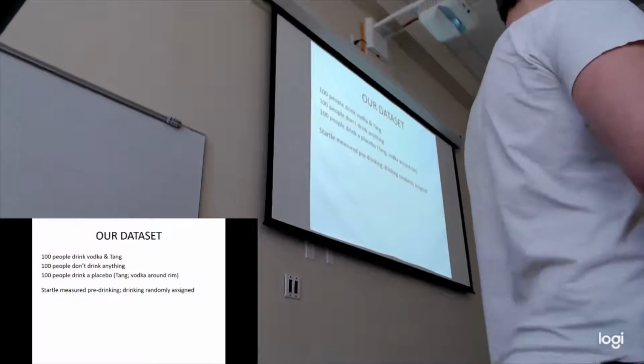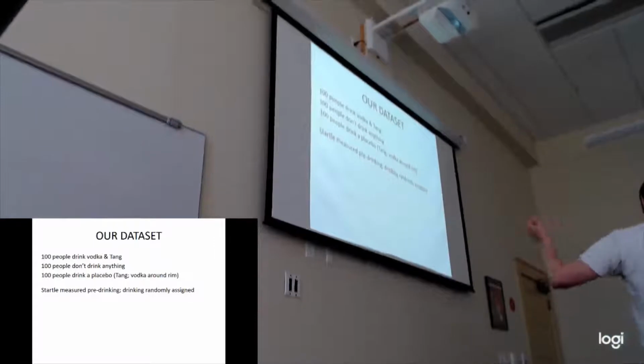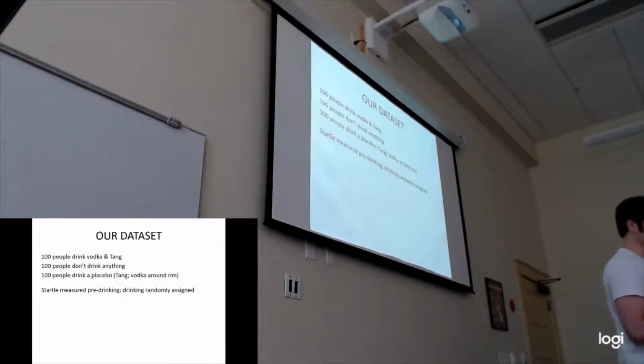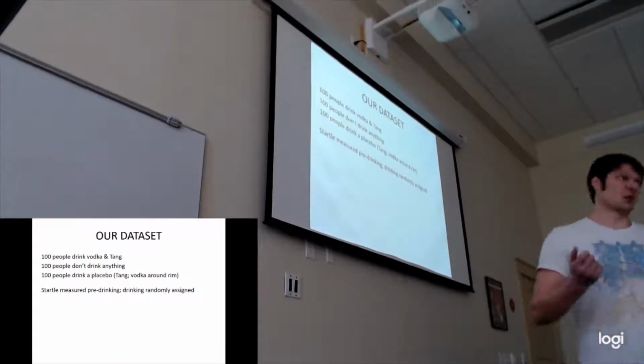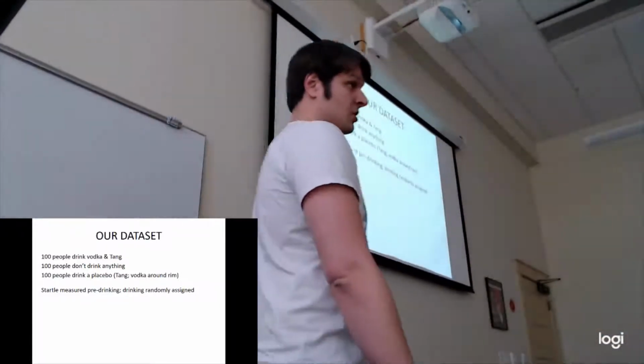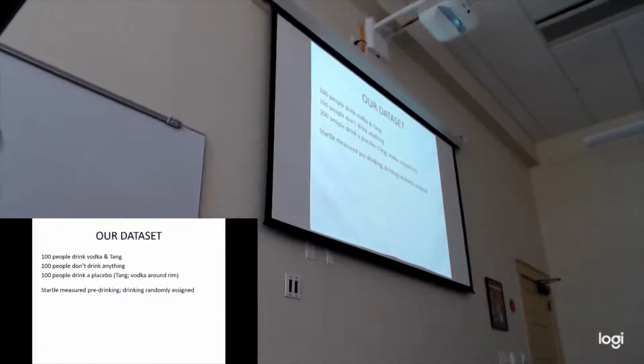And you measure how much startle they have at baseline. In this particular area of research, many people think that's a measure of trait anxiety. So if you startle a lot, you might be anxious most of the time. If you don't startle very much, you might be just generally a low anxiety person. Another important note here is that, of course, we're assuming that beverage condition, whether you drink alcohol or placebo or nothing, is randomly assigned.